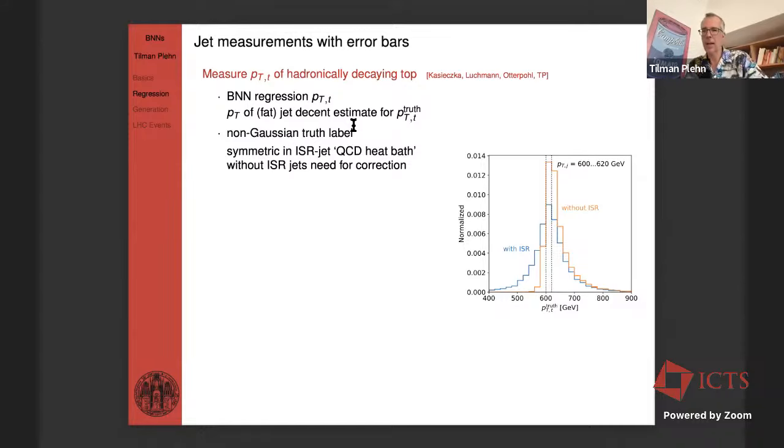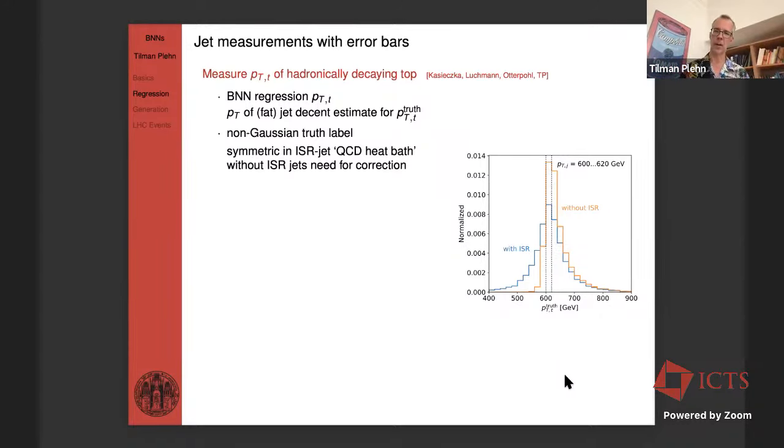Yes. Okay. So what I plot here, you have to be careful. We plotted this a little bit in a backwards way. What I'm plotting is, for a given jet, the truth top that you need to get the jet energy of 600 to 620. So on the x-axis, it's the variable truth, the label, if you want, of your jet, and PT jet is just the PT of the jet that you can measure.